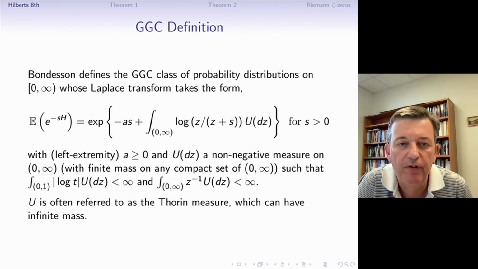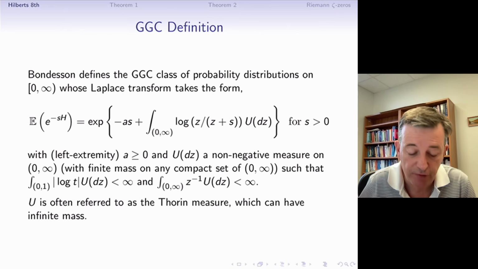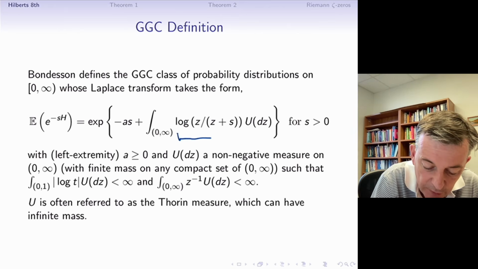Okay, just one quick definition of the GGC. As I said, the classic book on this is by Lennart Bondesson, called Generalized Gamma Convolutions and Related Distributions. Essentially, the Laplace transform of a GGC takes a form that looks like this.